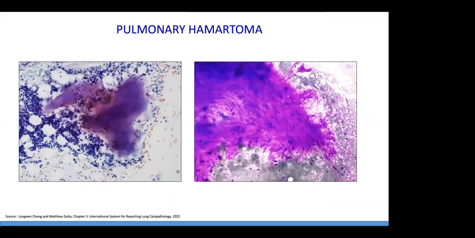Or you have a situation with a very well-defined lesion on X-ray, a unique lesion in an asymptomatic patient, many times. We do a fine needle aspiration, and then you have cartilage, stroma, and bronchial benign cells. This is a typical cytology of a pulmonary hamartoma, and this is in the category of benign.